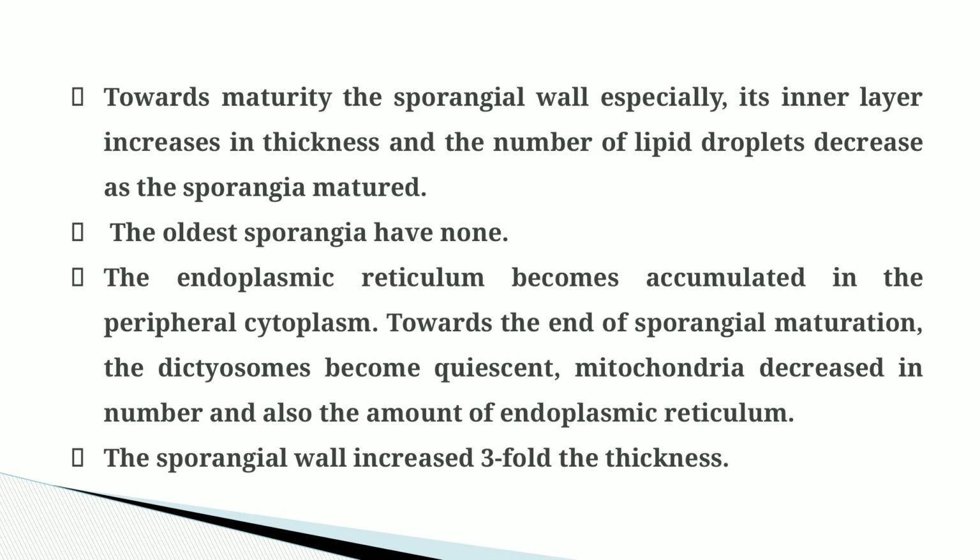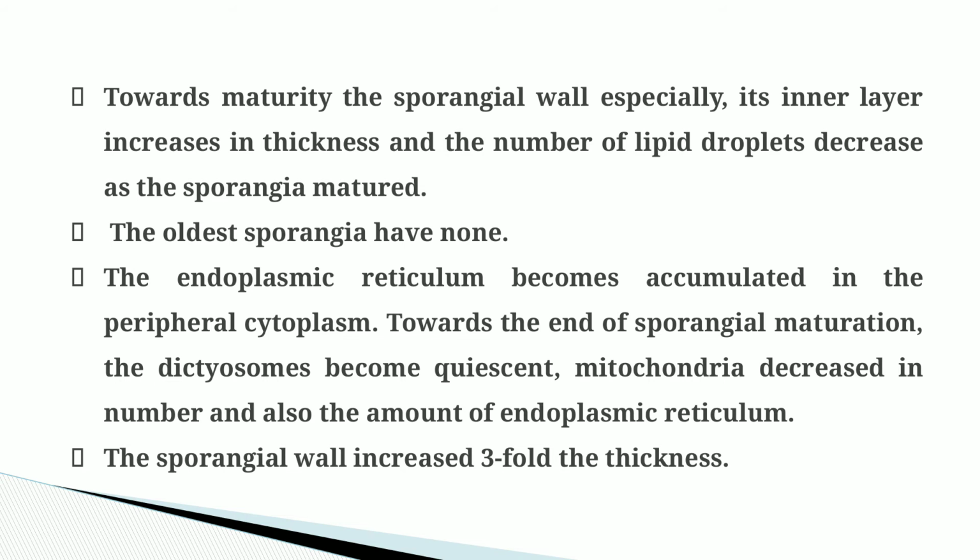Towards maturity, the sporangial wall, especially its inner layer, increases in thickness and the number of lipid droplets decreases as the sporangia mature. The oldest sporangia have none. That means the one at the top position doesn't have any lipid droplets.